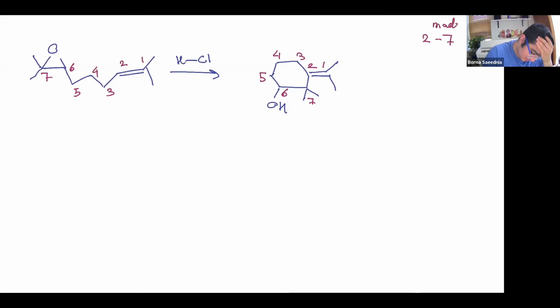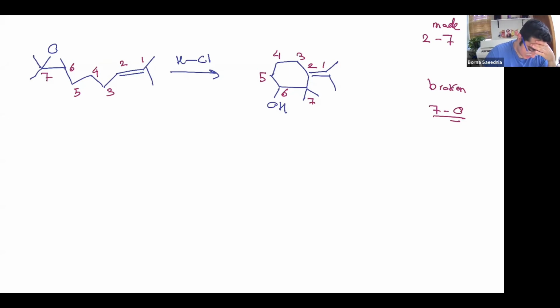So if I make a table of the bonds that are broken and made, that helps me think about what is logical to happen under these conditions. The bonds that are broken are carbon 7 and oxygen. That makes sense. That is consistent with something having attacked the epoxide. And the bonds that are made are carbon 2, carbon 7.